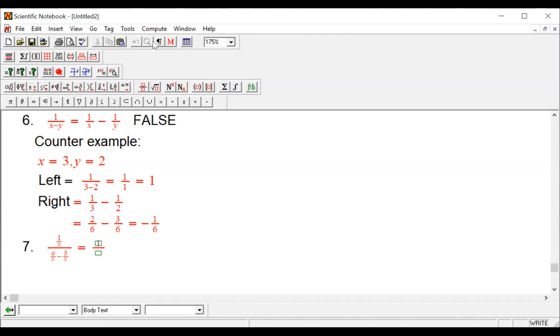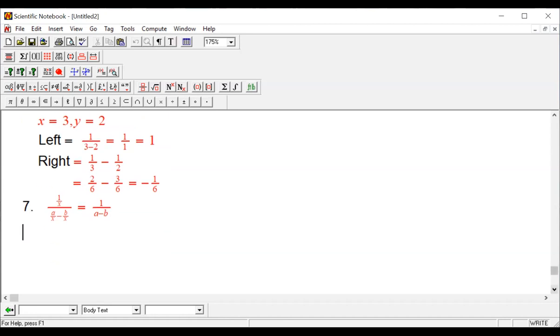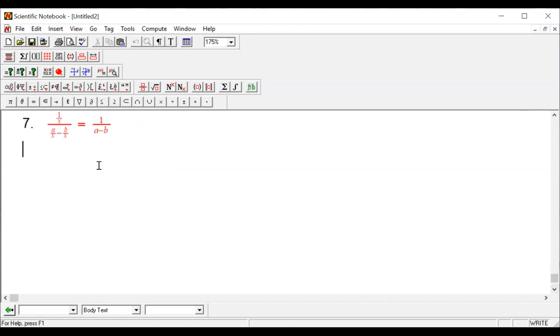Equals 1 over a minus b. This is correct, right? Because on the left-hand side, we have this expression, and in the denominator, we have the same denominator, x. So we just have to do a minus b.